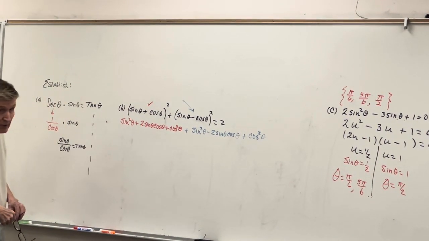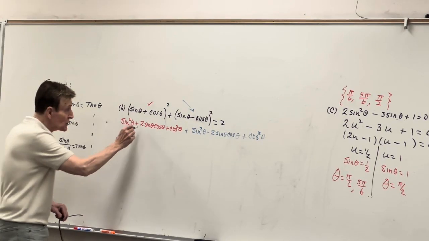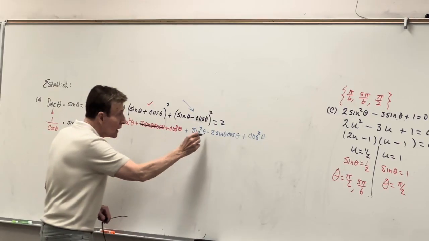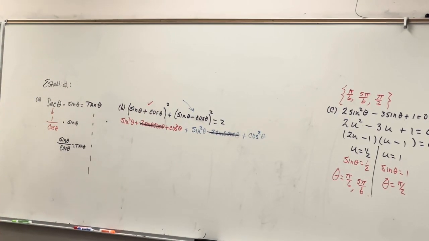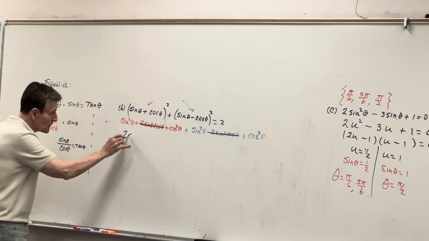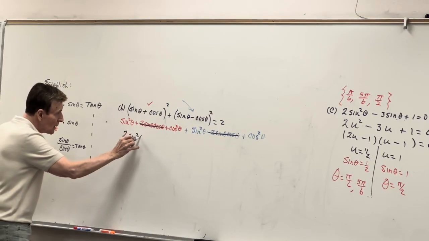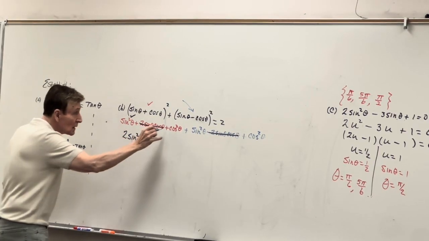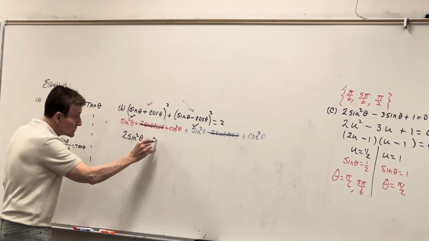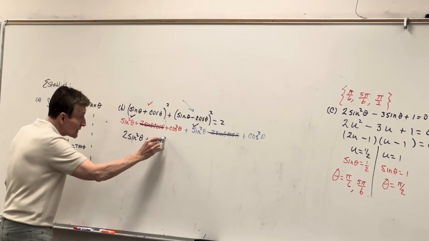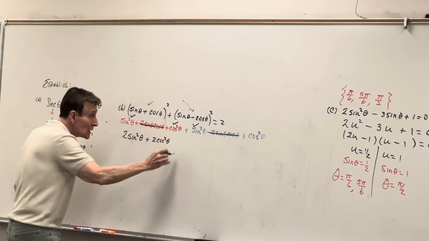If I take a close look at the red and the blue, he expanded that for me perfectly. I think these two crazy terms drop out. What terms do I have remaining? I have 2 sine squared, and putting the cosine squared terms together, I have 2 of those. Yes or no? Of course.